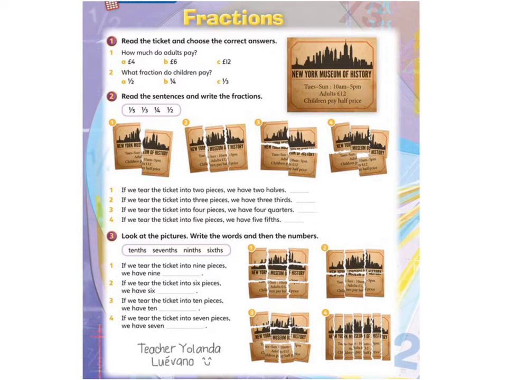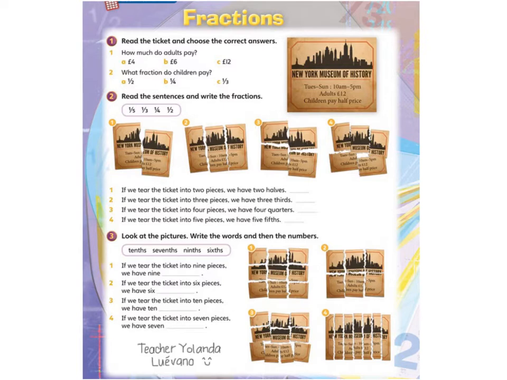The title is Fractions. Number 1 says, read the ticket and choose the correct answers. How much do adults pay? What fraction do children pay? Let's pay attention. New York Museum of History.